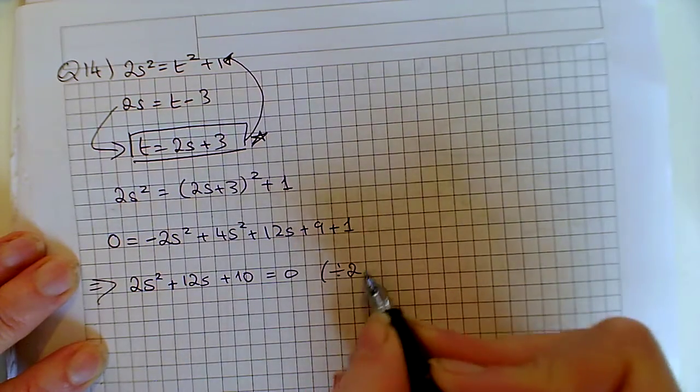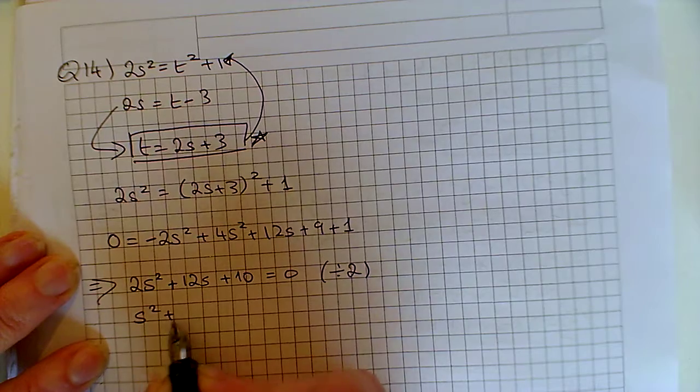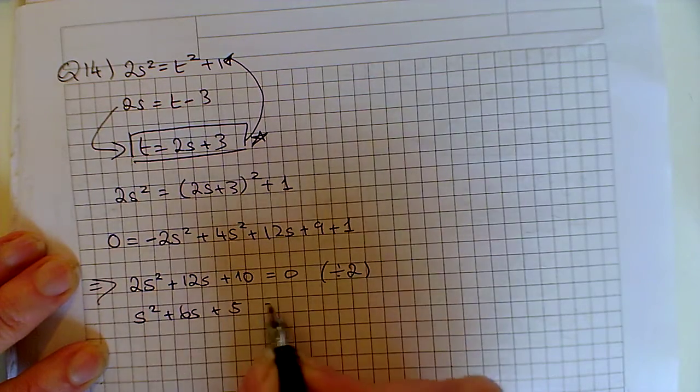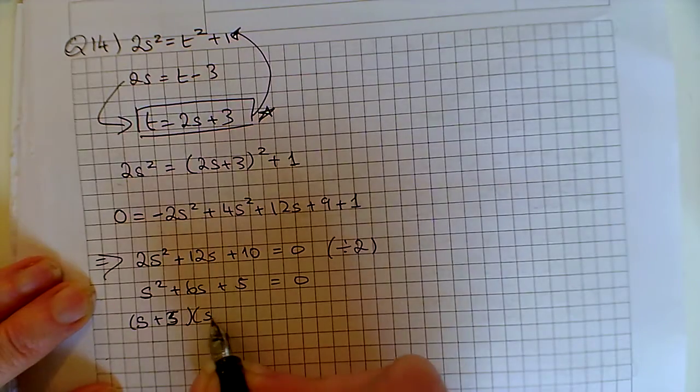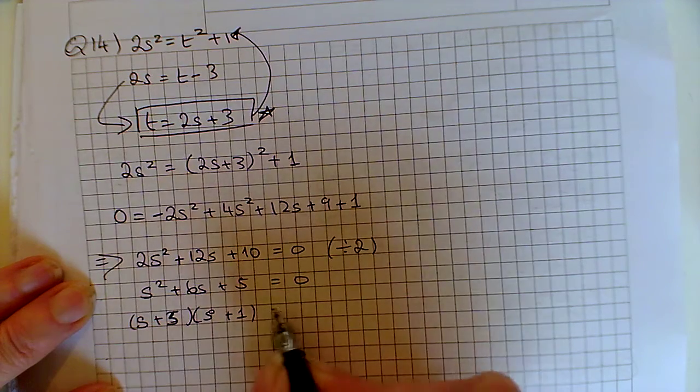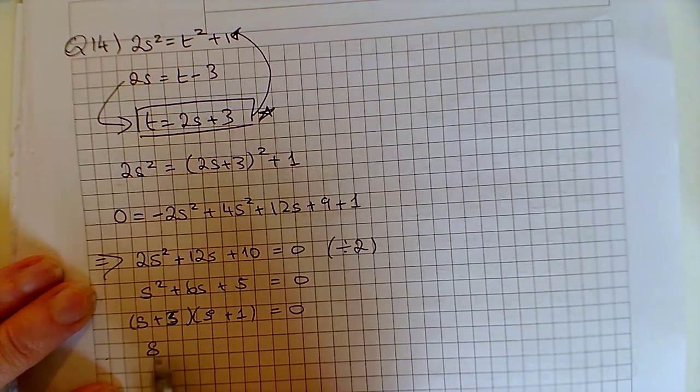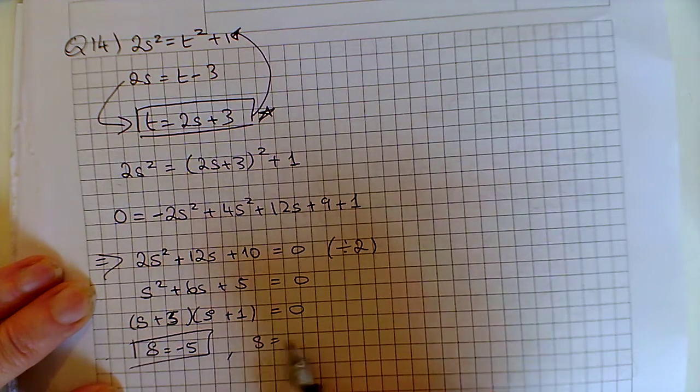I can divide across by 2, so I will. S squared plus 6s plus 5 equal to 0, and I have s plus 5, s plus 1 as my two factors. So s is either equal to negative 5 or negative 1.